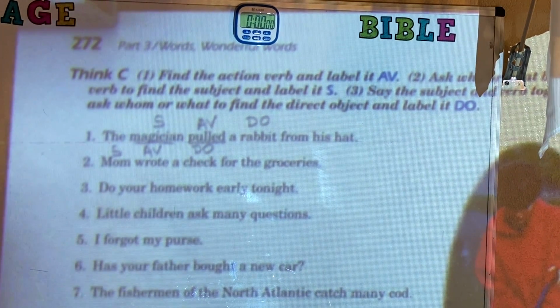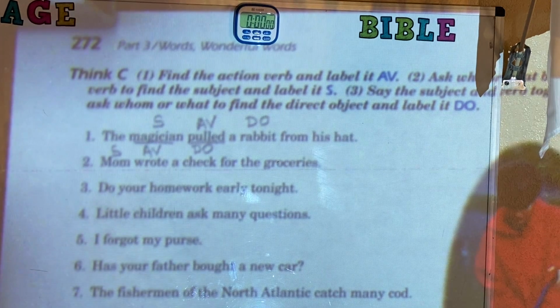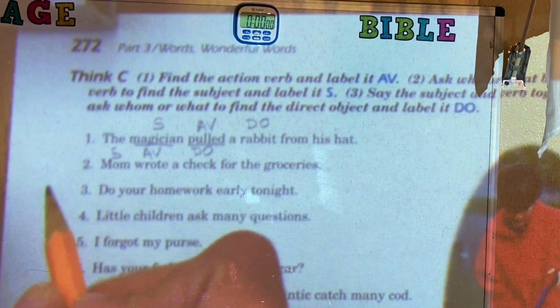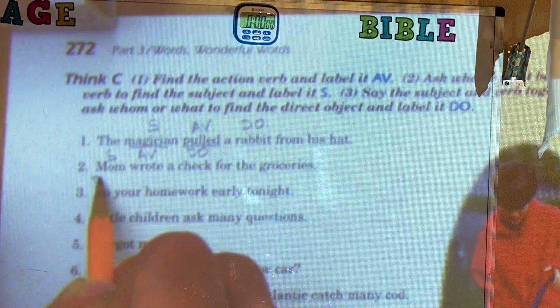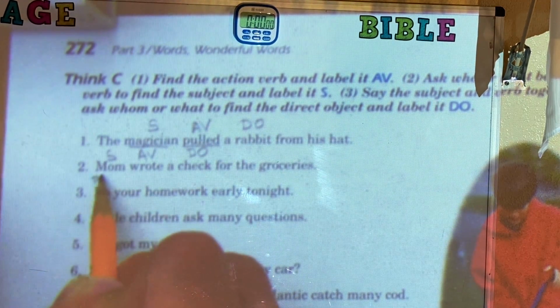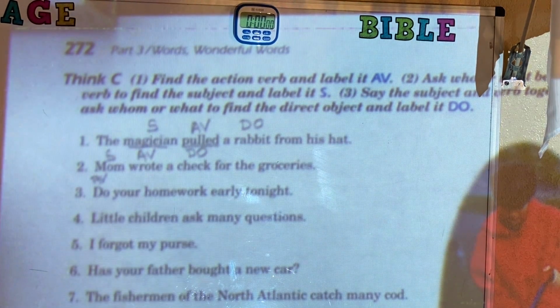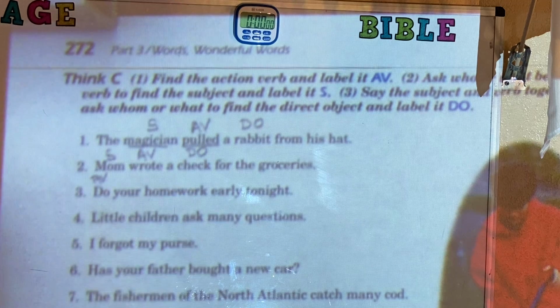Sentence number 3. Do your homework early tonight. What is my action verb? The action verb would be do, right? So you write AV. Who has to do?